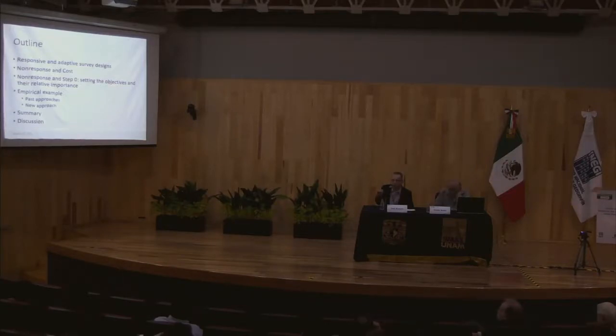And then what I'd like to focus on in this presentation is a lot on the motivation and being very specific about setting the objectives of what you want to achieve. Having said that, it also means that there's more than one objective that we have in our surveys. How you rank order these objectives can lead you to very different designs.